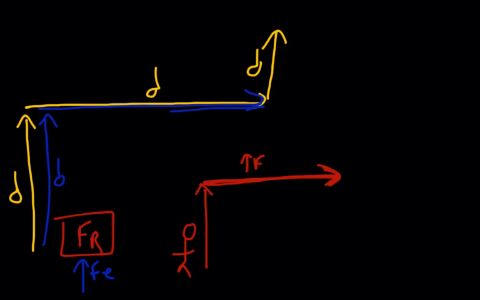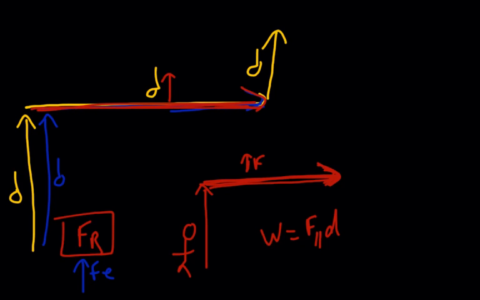Why can't you do that? You can't do that because work is force parallel to the displacement, and this force is not parallel to this displacement. So even though you're walking over this way, you're applying the force upward still to hold the box, you are doing no work. This wouldn't even count. We're not doing any work here.